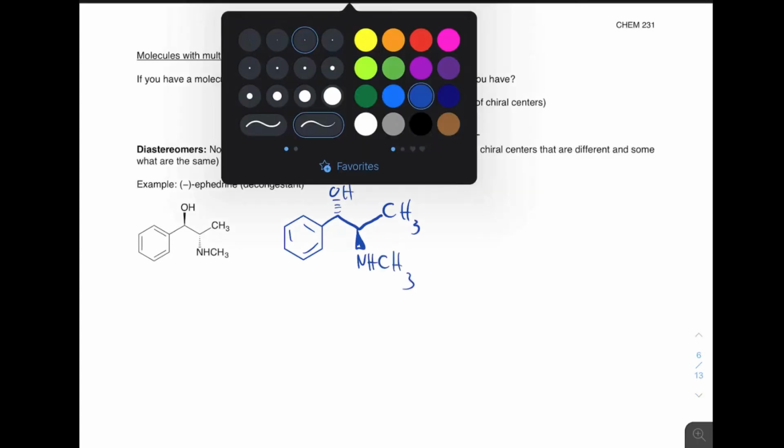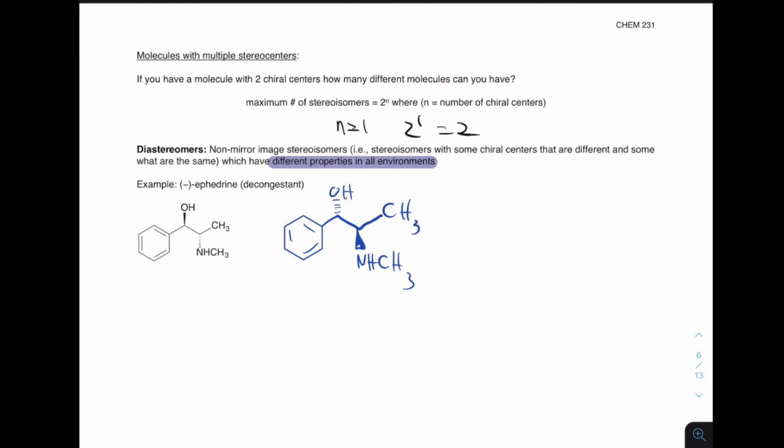The chirality for these molecules are R and S, at least for the first one. So when we switch these chiral centers up, we know that the configuration changes as well. The first chiral carbon is S, and now the second one is R. We'll go through the priority here, but it might be good practice to try to do this on your own, to get that configuration that I showed here.